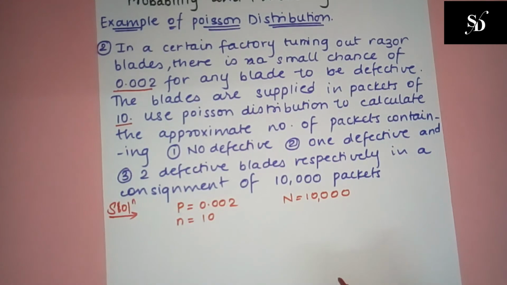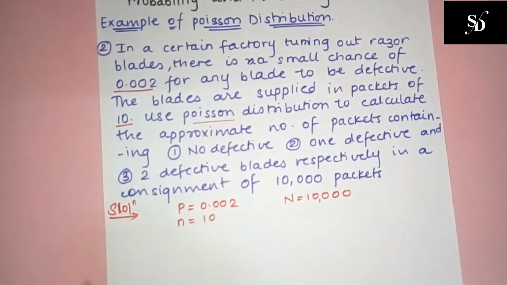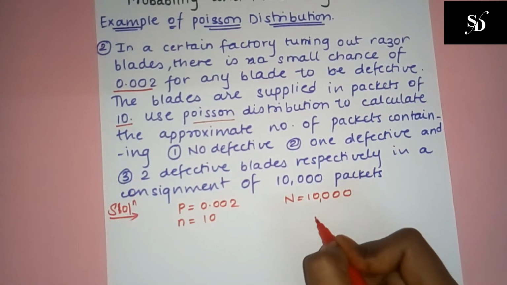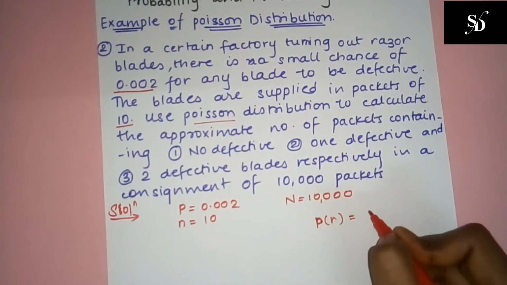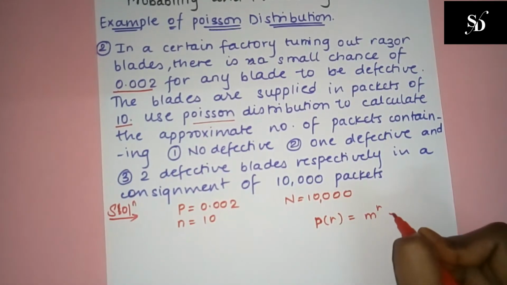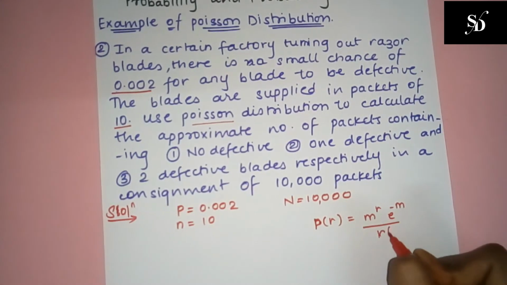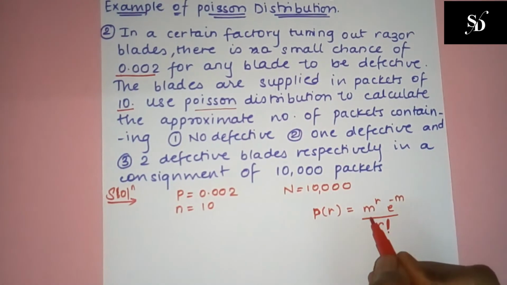Now for the Poisson distribution, our formula is P of R is equal to m raised to R, e raised to minus m, upon R factorial. For this we need m.